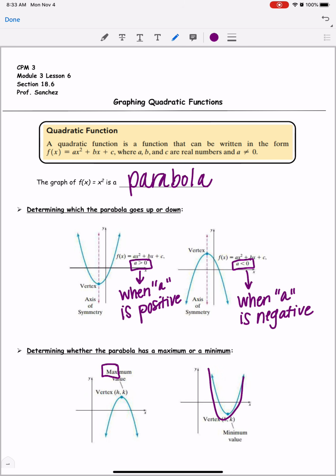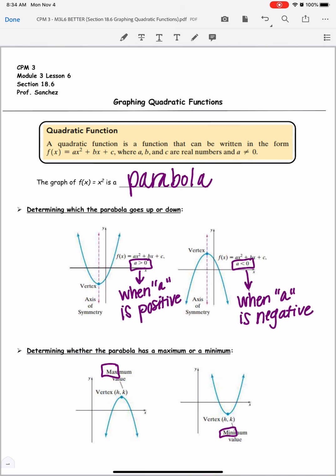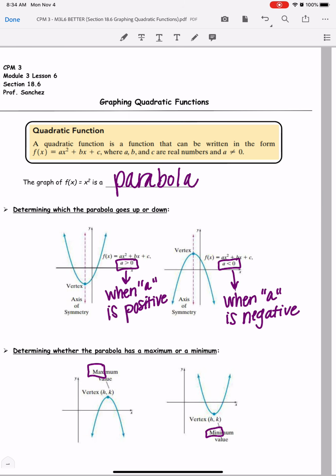And if it opens up, it's going to keep going up in both of these directions forever and ever. But what I can see is that it does have a minimum. Okay, so that's the first thing we're going to do. We're going to basically just look at a. If a is positive, it opens up. If it's negative, it opens down.